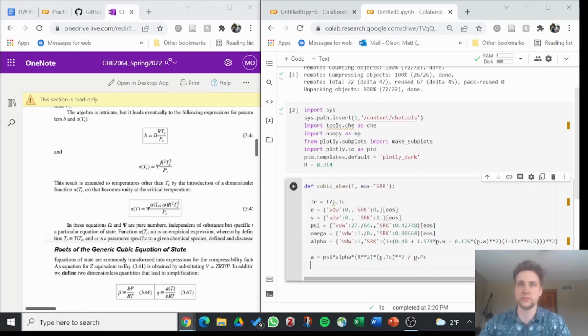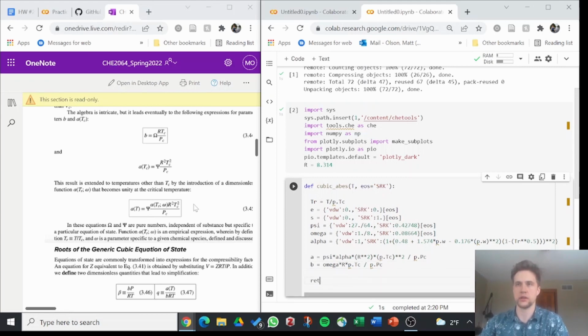That is it for A. Now the other thing we have is B. B is the last parameter we have not defined. So now we've got omega times R times our critical temperature, all of that divided by our critical pressure. There we go.